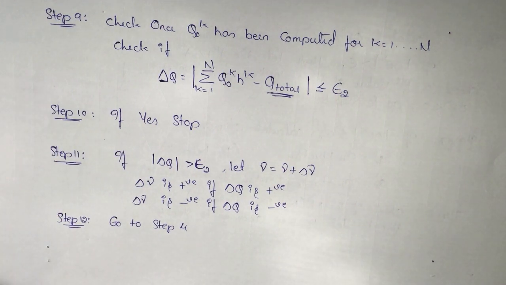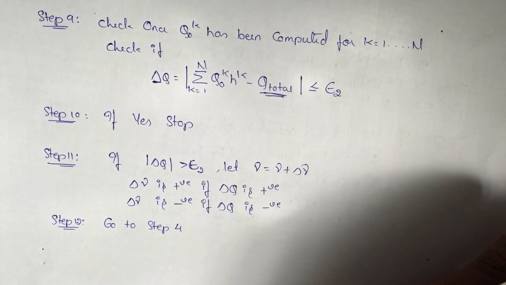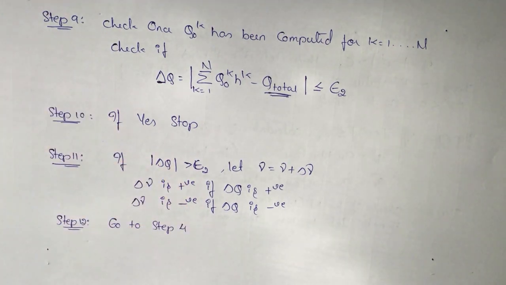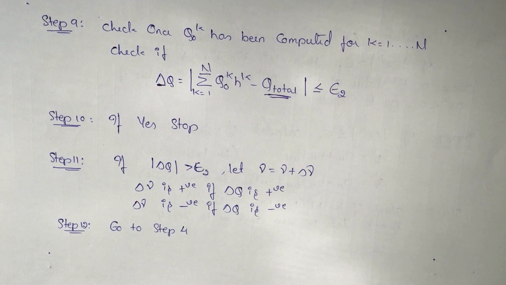Until the step 7 and step 9 are satisfied, we are going to repeat this loop until this is converged. Okay, this is all about the algorithm for short term hydrothermal scheduling using gamma and lambda iterations.